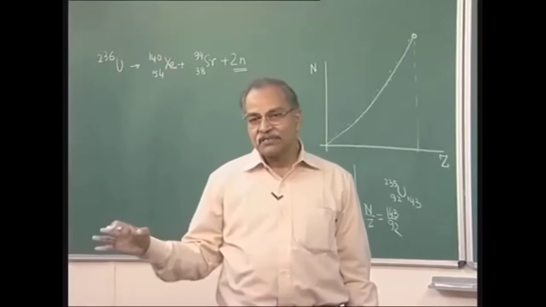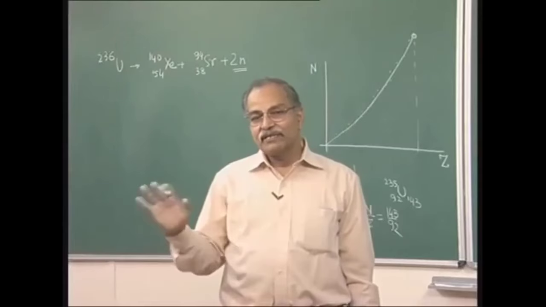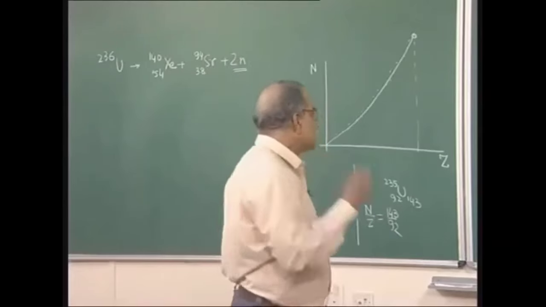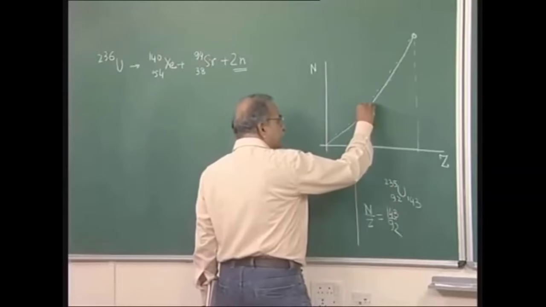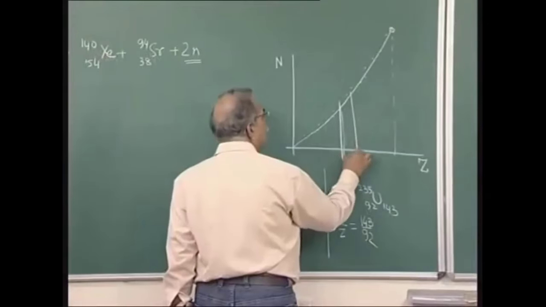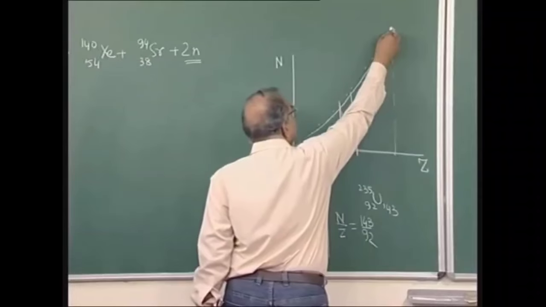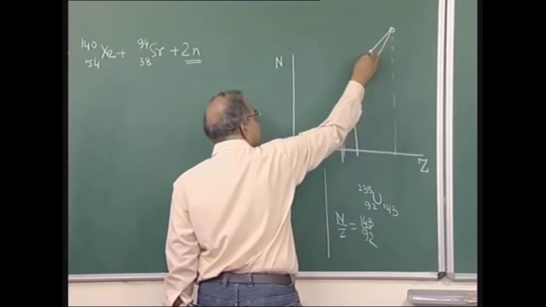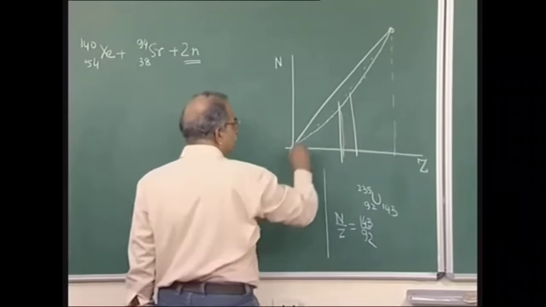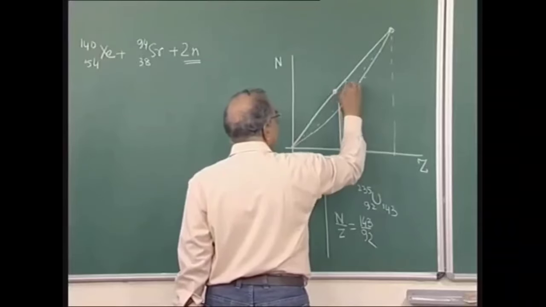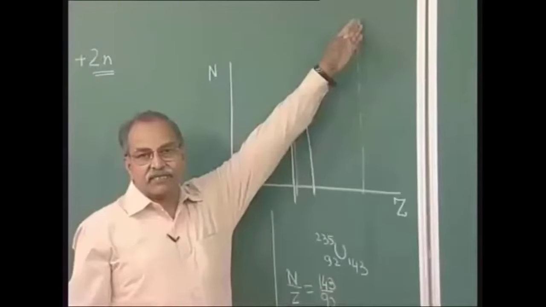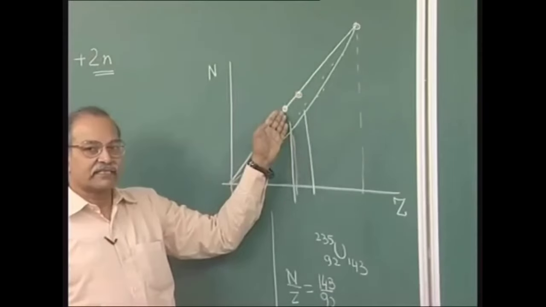So, in each portion the ratio N by Z will remain the same as in the original nucleus. That means, when it splits into these two parts close to A by 2, the ratio N by Z remains the same. So, if I draw this straight line passing through the origin, the ratios of the fragments will be just the same as the ratio here.